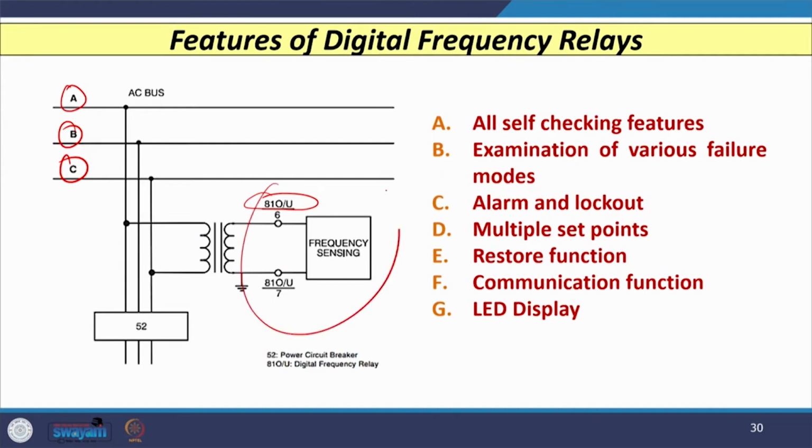So, you have the frequency sensing that is to be carried out from the secondary of the PT, and the digital frequency relay which is used by most of the utilities has all self checking features. These relays are capable of examining various serial modes. They have the facility of alarm, lockout, multiple set points, restore functions, and additionally they also have communication capabilities.